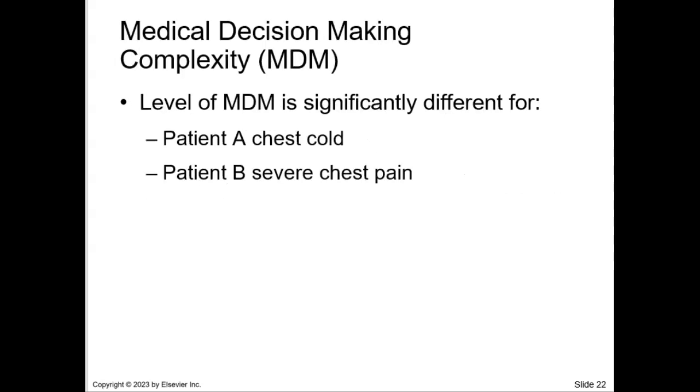Okay, so with that, I want you to look in your textbook and you do have, and I can't give you a page number, a nice little audit tool, figure 111, which gives you the number of diagnoses, the amount of complexity of data to review, and risk of complication or death not treated, all right?